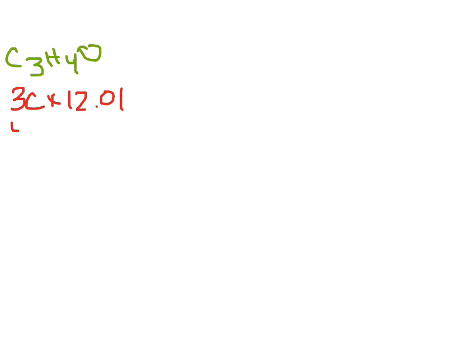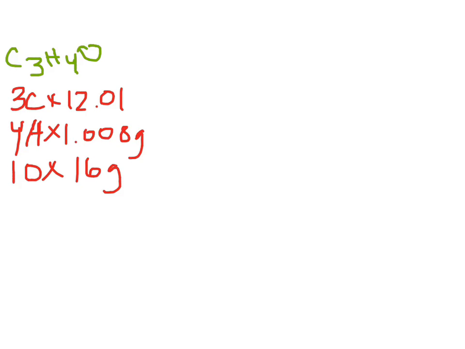Then you got 4H times the molar mass, which is 1.008. And you got 1 oxygen for 16 grams, which is the molar mass. Why do this? Basically, you're finding the molar mass of the whole compound.